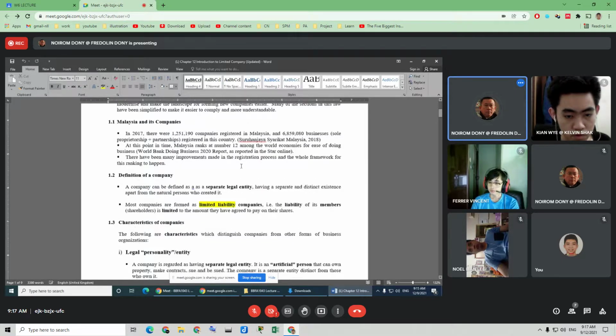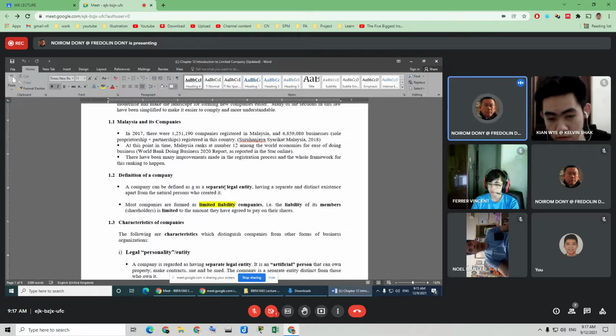Now, what is a company? So a company is a separate legal entity. When we say separate, separate means different from the owner in terms of legal entity, meaning in the law, the company is regarded as one entity and the shareholders are regarded as another entity.